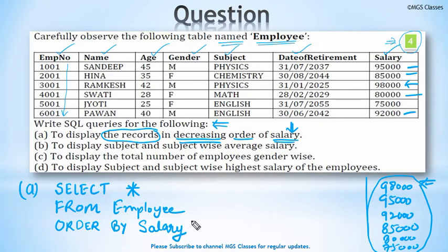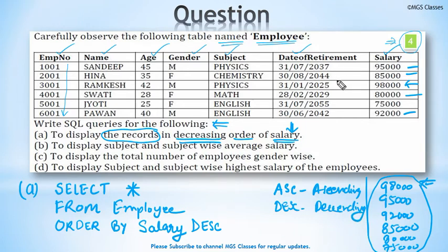The order is descending, so we use DESC. Remember, ASC is used for ascending order and DESC is used for descending order.